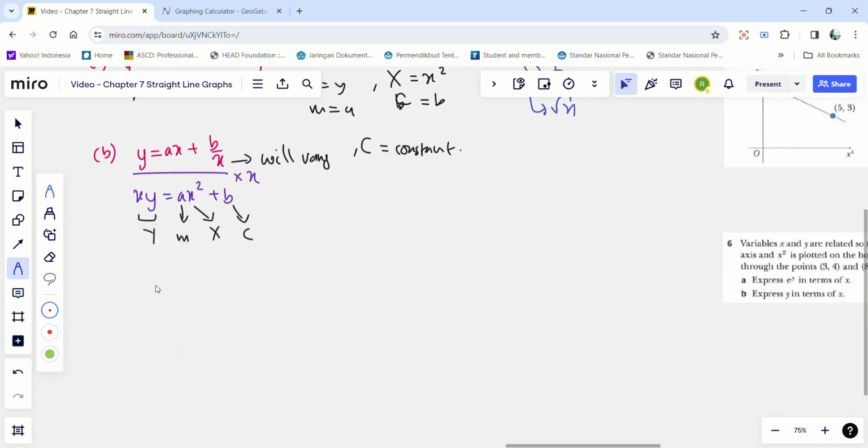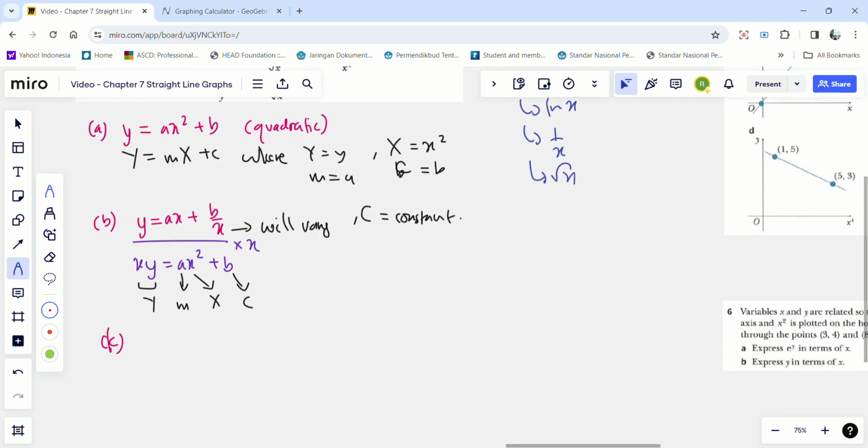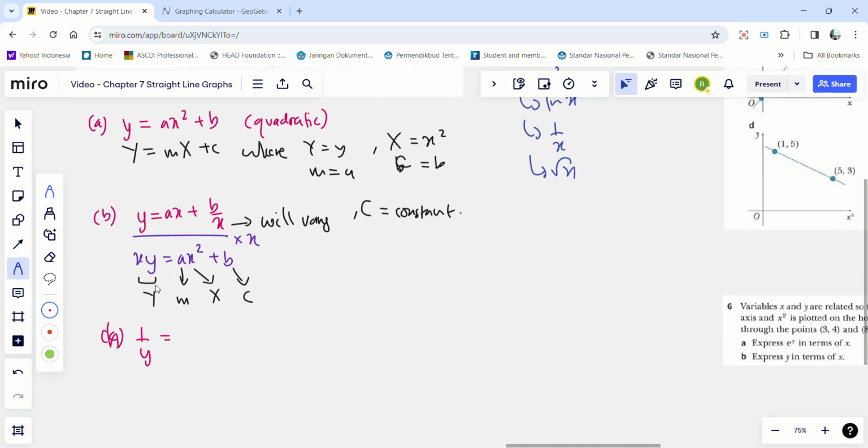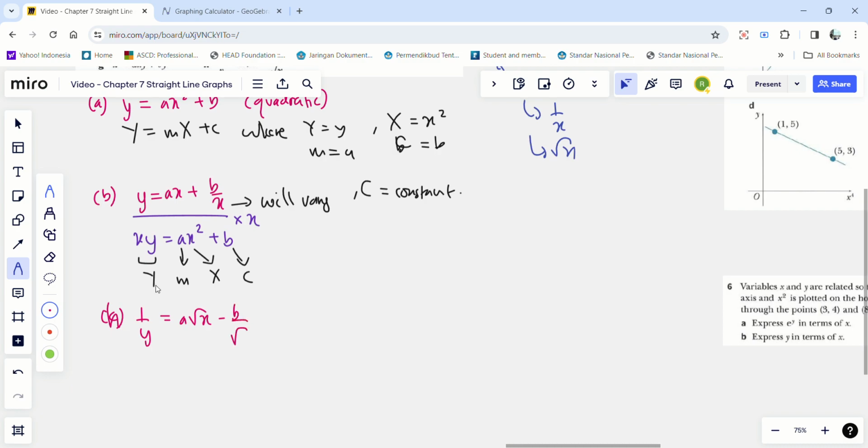Okay, I'll go with one final example. Let's do question H. Given is 1 over y equals a square root of x minus b over square root of x.